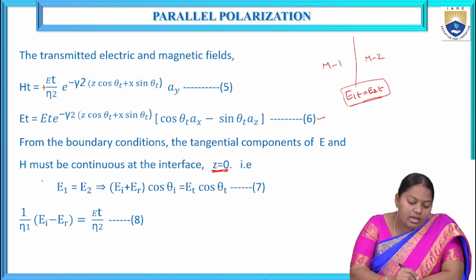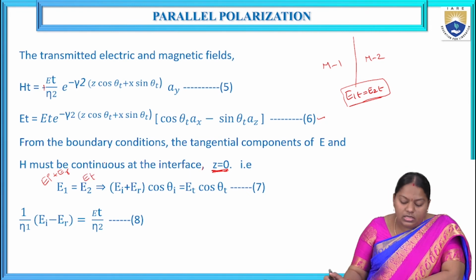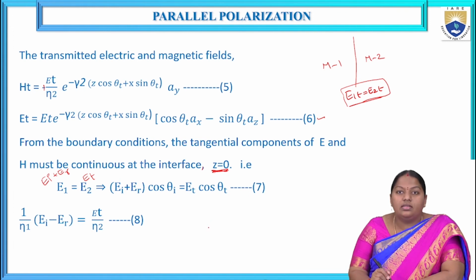So in medium 1 we have the incident wave and reflected wave, and in medium 2 we have only the transmitted wave. Based upon that, we have EI plus ER into cos theta I equal to ET into cos theta T. Consider this as another equation, equation number 7.